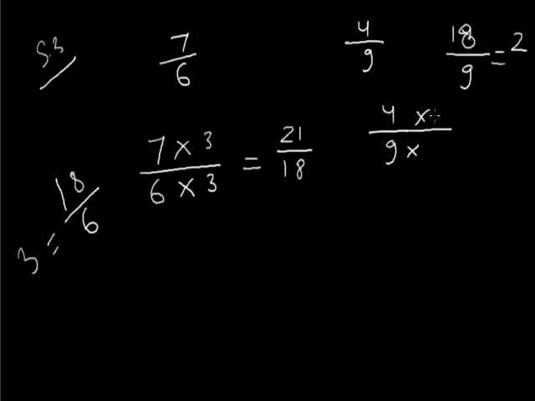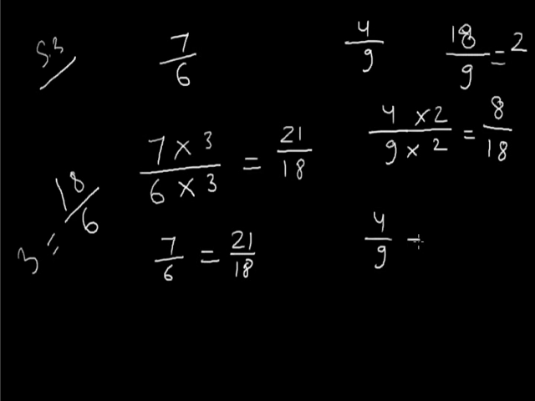Multiply the numerator and denominator of the second fraction by that number. This gives you 4 upon 9 equals 8 upon 18. Now compare the two fractions: 7 upon 6 equals 21 upon 18, and similarly 4 upon 9 equals 8 upon 18.